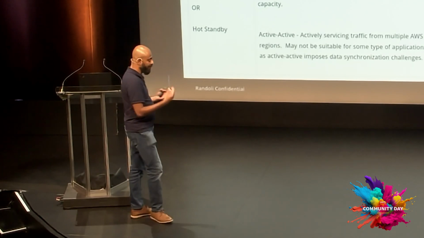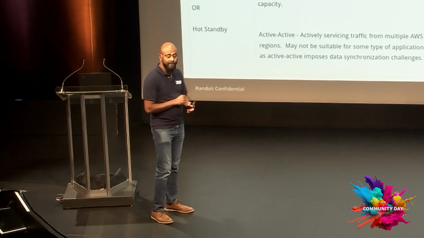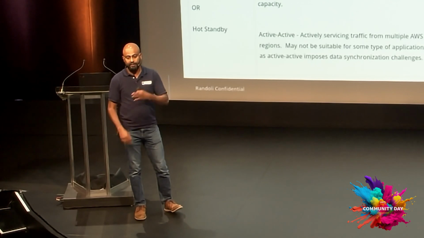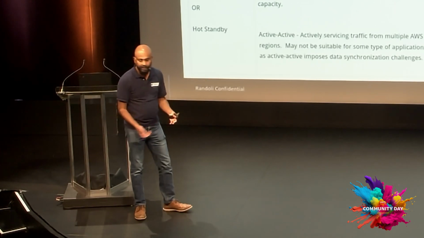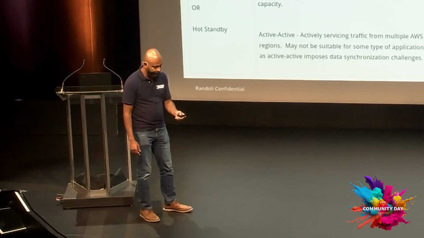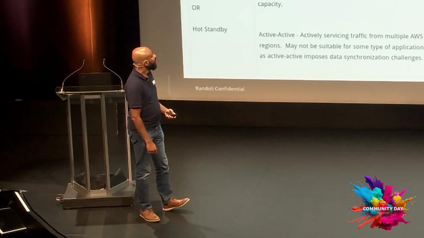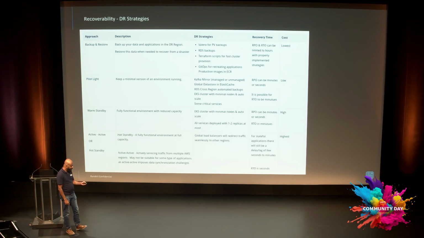In some cases, if you have a hot standby, your global load balancers can cut over, and your customers will not even notice that you had an outage. So this gives a comparison between all this stuff.